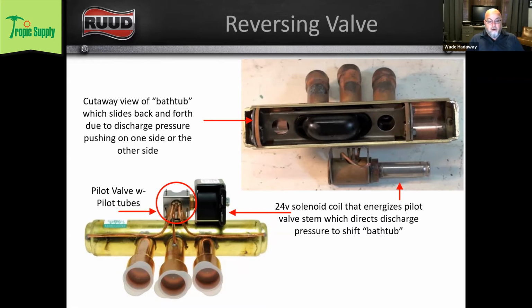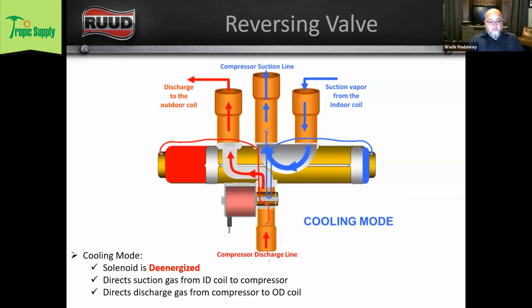It's pressure. It's not that the solenoid or the 24 volts going into that solenoid actually moves the valve. It diverts the pressure, and as we build up high pressure either on the right hand side or the left hand side of that valve, that pressure imbalance is what slides the bathtub back and forth.